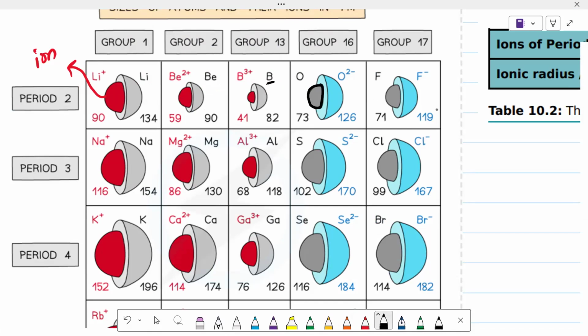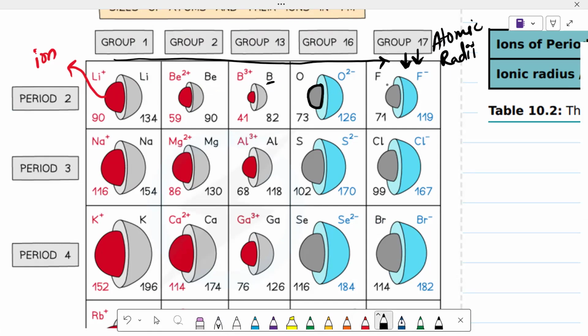So this is right. We have discussed that across the period, the atomic radii will decrease. I am not talking about the ionic radii. Clear? We have discussed the reason in detail.